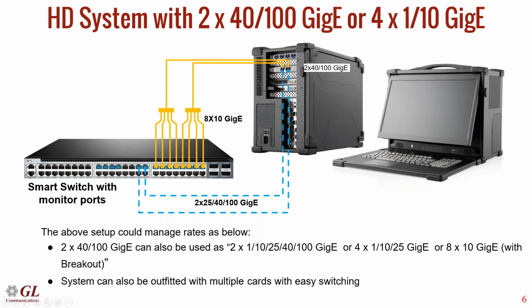So here we're just showing a 2x40/100 NIC, but you can put multiple cards. In fact, right above it, we have another network interface card with 4 ports. So you can do a lot of analysis through all of these different ports.